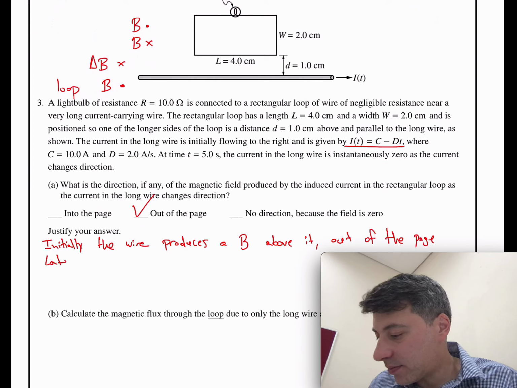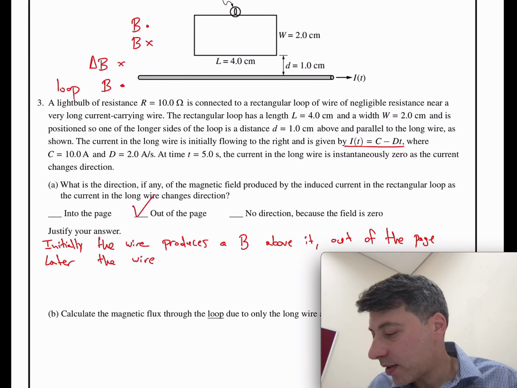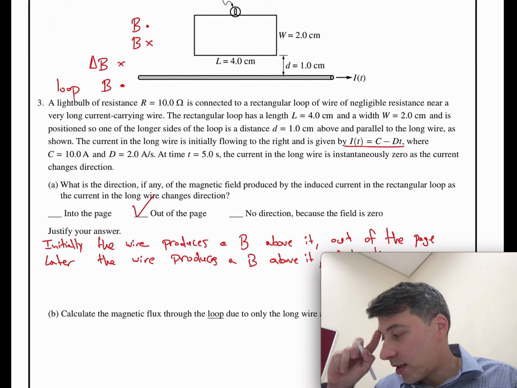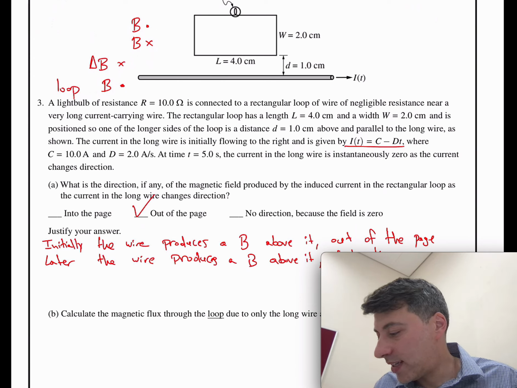Later, the wire produces a magnetic field again above it, that is into the page. So the change of magnetic field is into the page.